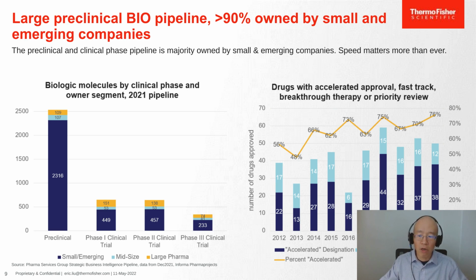On the right side chart, speed of development and speed to market has been increasing as the number of drugs approved with accelerated regulatory designation has increased.